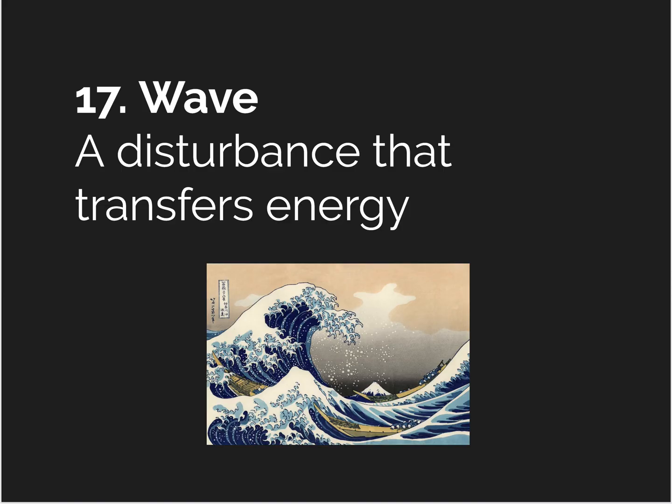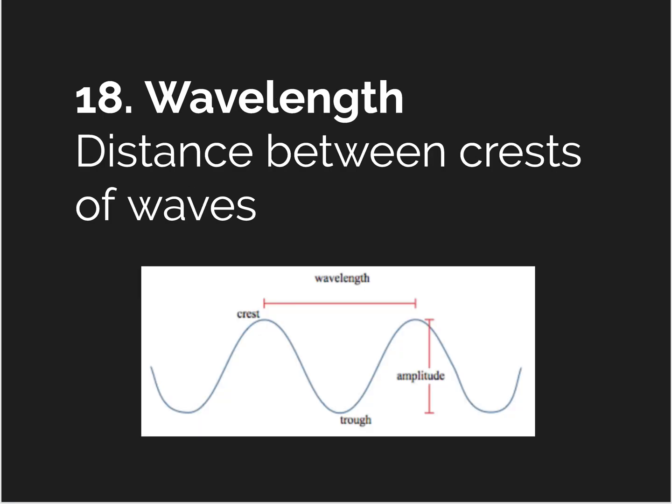A wave in general is a disturbance that transfers energy. So that can be an ocean wave, something that you think of. It's a disturbance that transfers energy from one place to another. Wavelength is the distance between crests of waves. So a crest on a wave is the top. Here's the crest. From one crest to another, we call the wavelength.